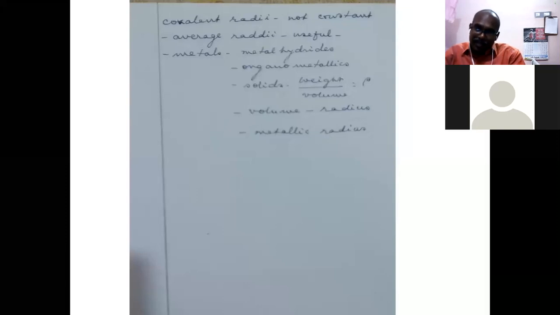But metals normally do not form covalent compounds, except metal hydrides and organometallic compounds, which are examples of metals forming covalent compounds. Other than that, metals form metallic bonds, where the metal nuclei are embedded in a free electron gas. Later on, we will discuss the free electron gas theory.